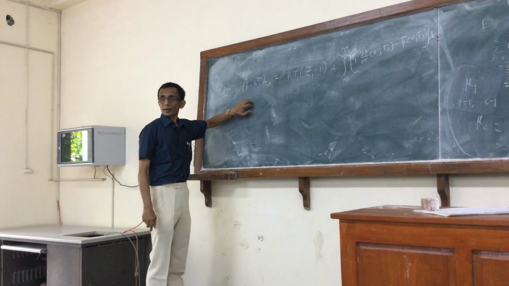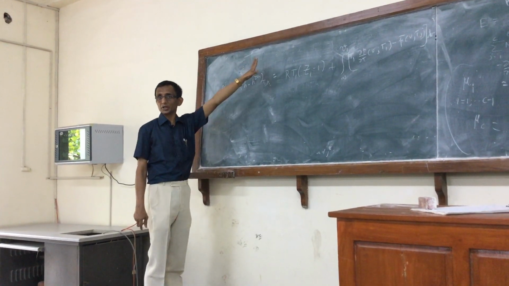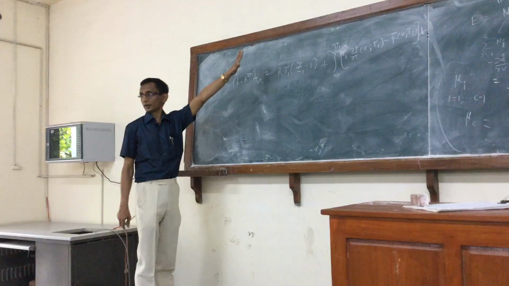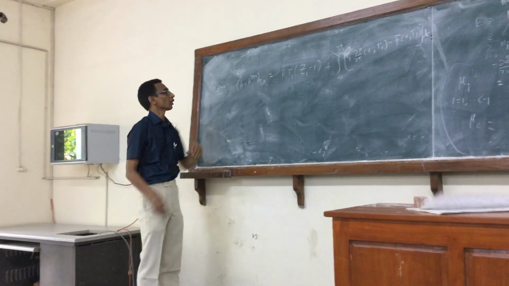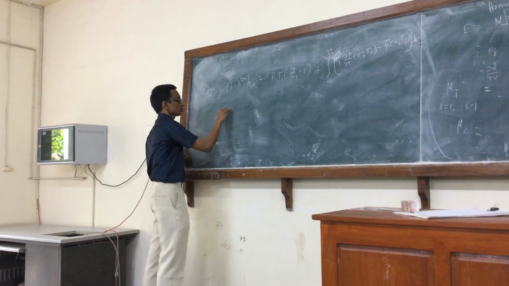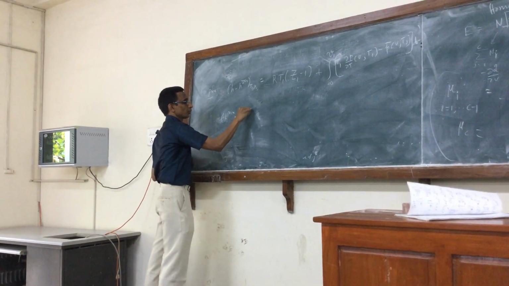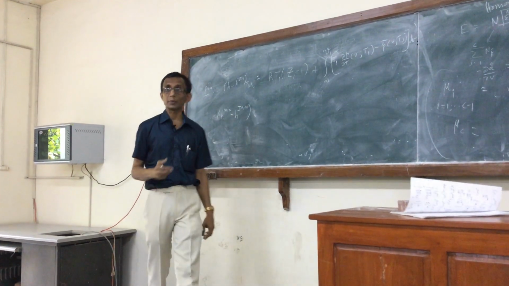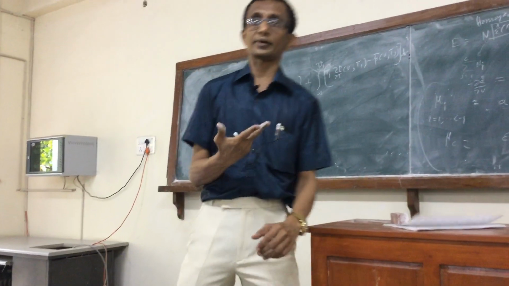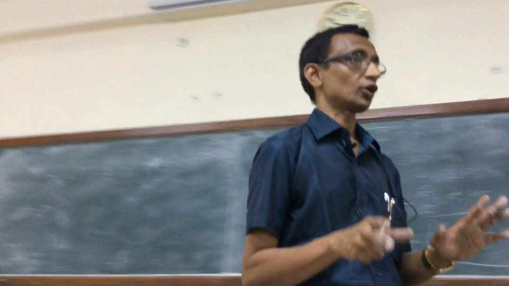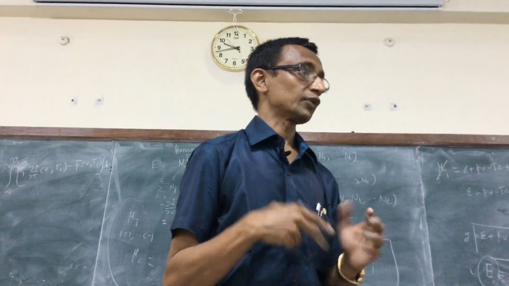I want to know what is the corresponding departure function for a mixture of an arbitrary C number of components. Then I put H mix minus H. Now instead of IG, it will become the ideal gas mixture, which is something we haven't introduced so far, which we have to introduce.